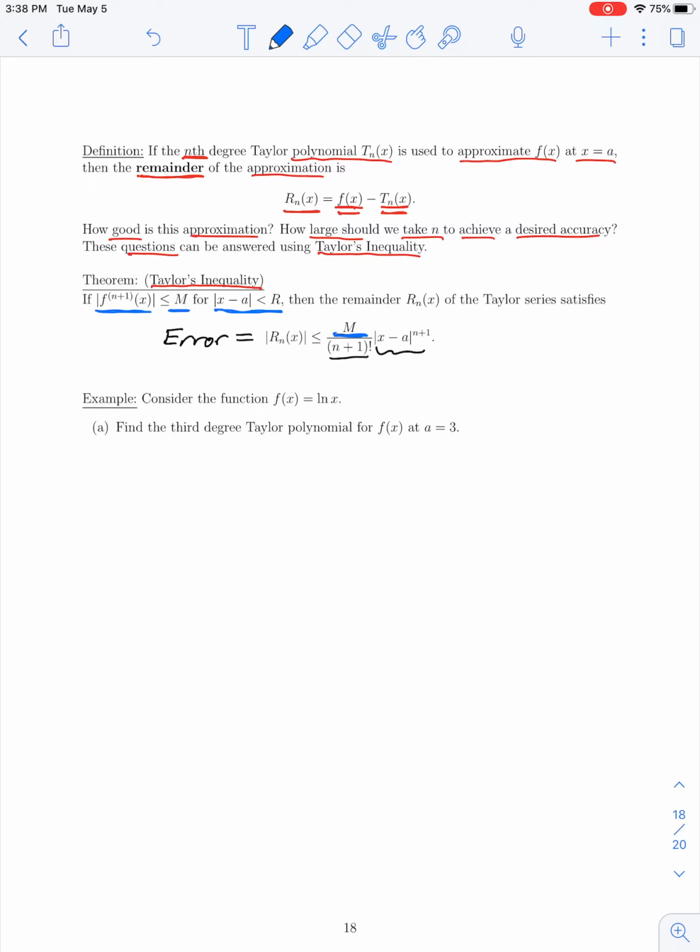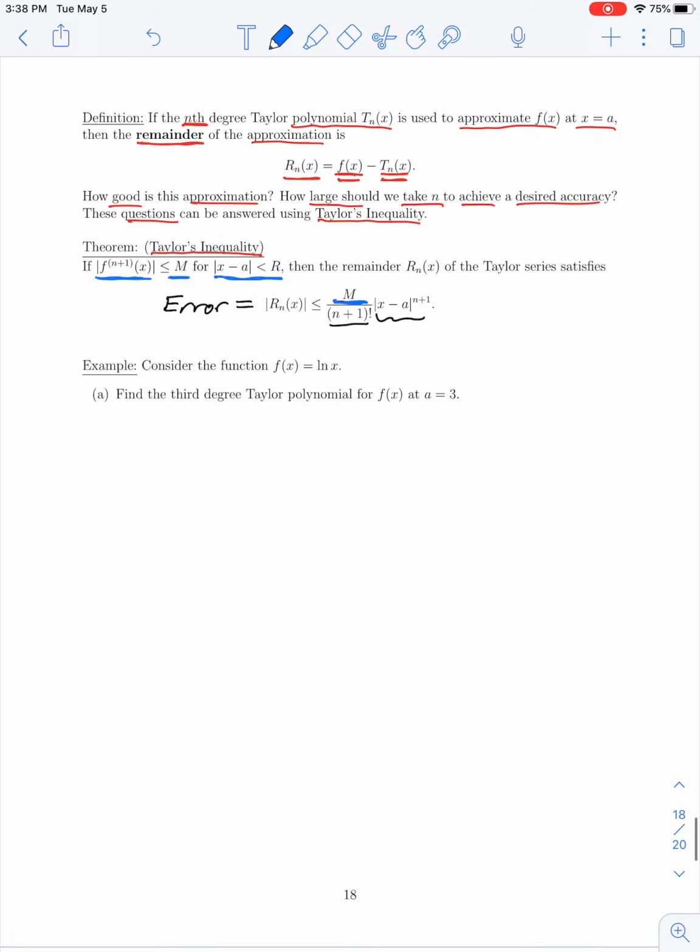So whenever we're using Taylor's inequality, usually our first step will be to find this value capital M. What is the largest possible value of our (n + 1)th derivative on the interval that we're considering?